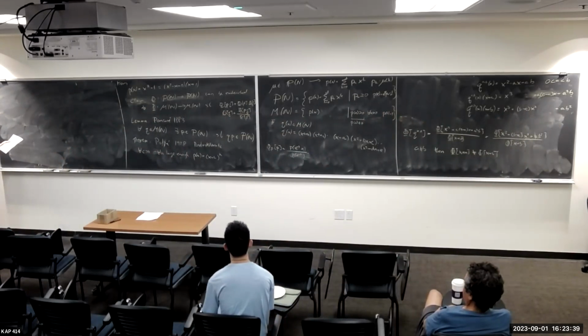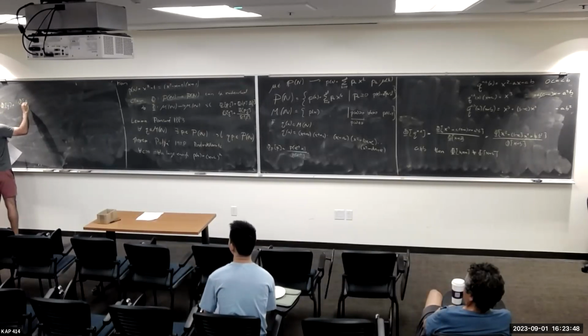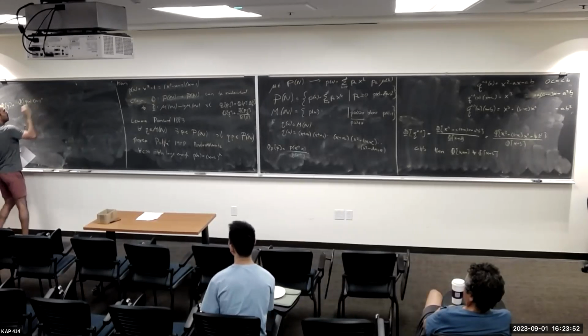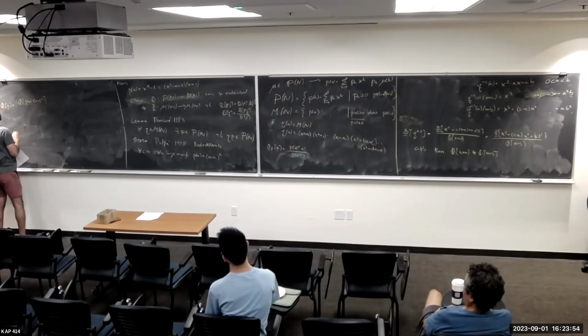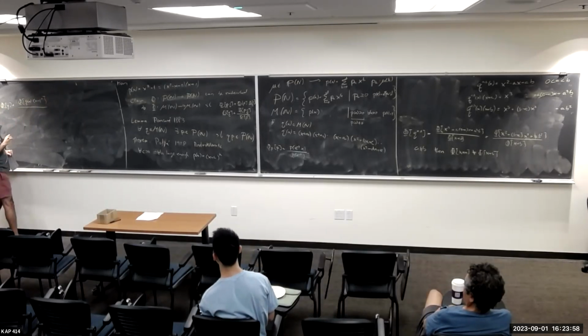And I'm going to say the following. I'm going to say that phi of Q is equal to phi of q of x times (x plus 1) to some n large enough, divided by phi of (x plus 1) to the n, which is going to be some (x plus c) to the n.